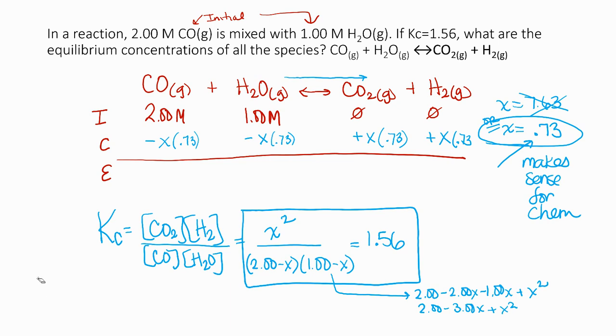I'll go with the green. So this would be 0 plus 0.73 is 0.73. 0 plus 0.73 is 0.73. This is 1 minus 0.73, which is 0.27. And then this one is 2 minus 0.73, which is 1.27.